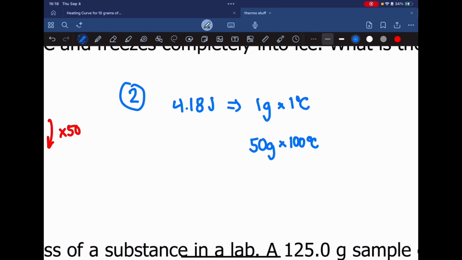So I'm going to release a lot more than 4.18 joules. I need to figure out what is the scale factor between that quantity and that quantity. Remember, we can think of this as multiplying by 50 and multiplying by 100, which is the same as multiplying by 5,000.